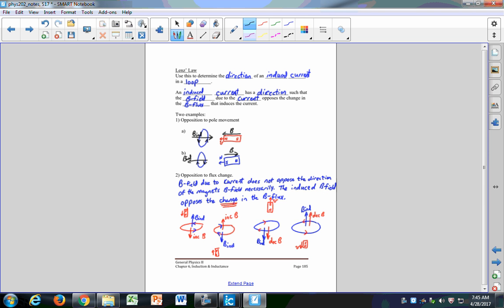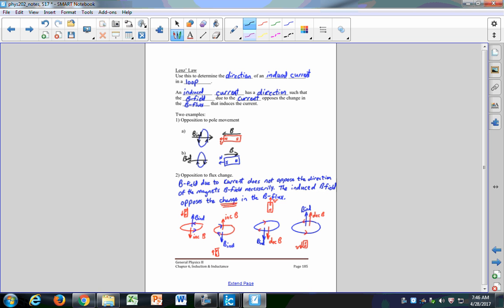Lenz's Law. You can see a question like this, and you might see something like this in the multiple choice with Lenz's Law. And there are some questions in the concept test, which I posted this morning. Again, print them out, 6 slides to a page, and sort of quiz yourself on them. Think about these different scenarios where, say I have a coil of wire and I'm moving a magnet towards the coil of wire, I'm going to get an induced current in this coil of wire that will create a magnetic field that opposes the direction of this magnetic field.